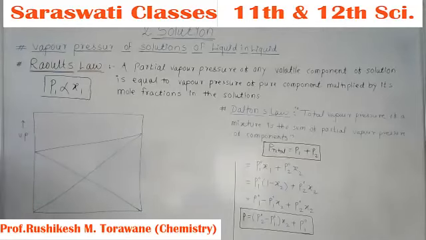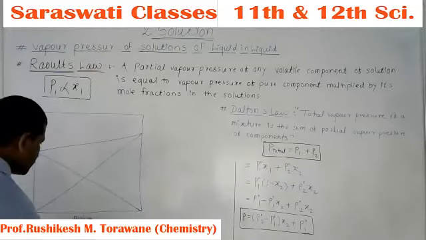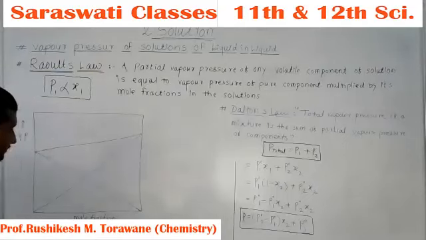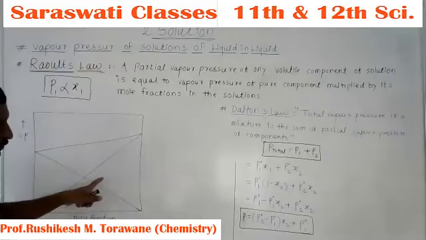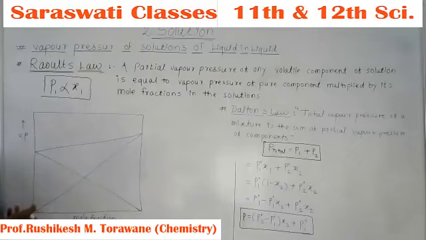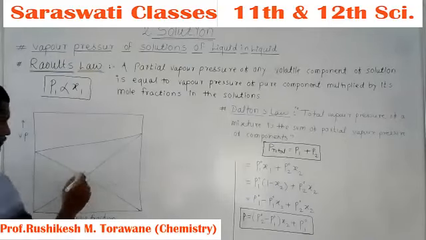Vapor pressure against mole fractions. Consider P naught 1 and P naught 2, depending on you.